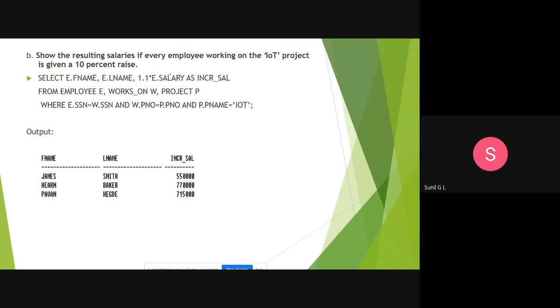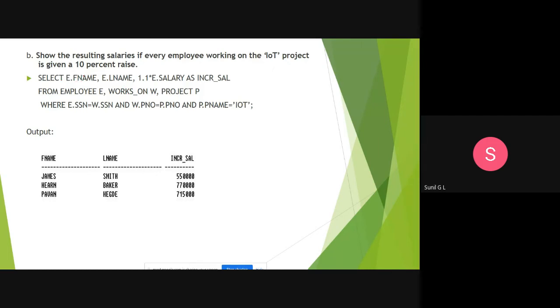Okay, see here this salary is available where? Salary is available in the employee table. The IoT project details are available in the project table. Okay, and how we will link those two tables, using the works on relation. So in that works on, employee SSN is there, project number is there. Okay, so link those things.